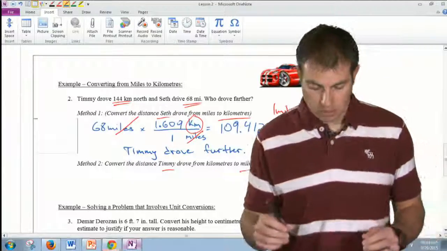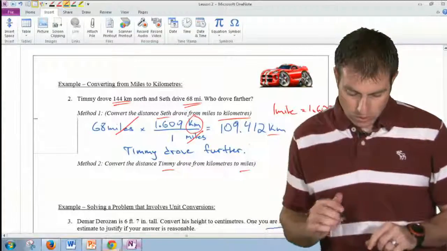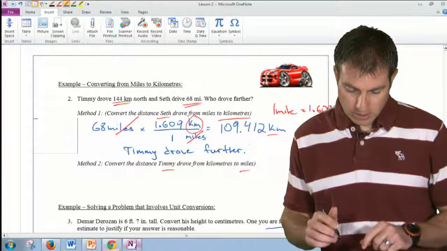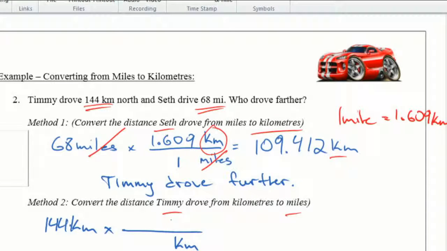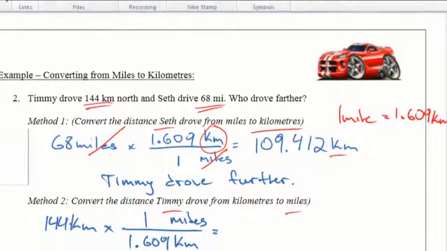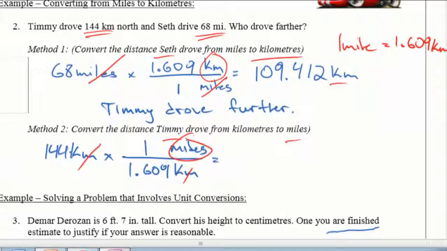I'm just going to keep plugging away. I'm going to do the second half of the question quickly. So we're going to convert Timmy's into miles. If I had 144 kilometers, I want to get rid of kilometers, so I'm going to put it on the bottom, miles on the top. I know the conversion between kilometers and miles is 1 mile is 1.609 kilometers. I'm going to cancel my kilometers and be left with an answer in miles.